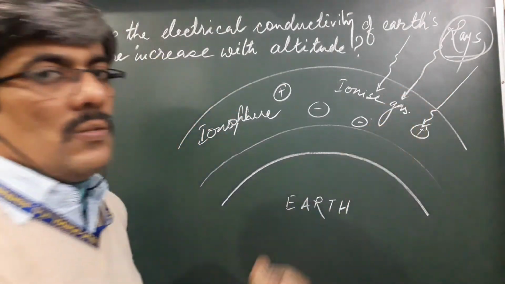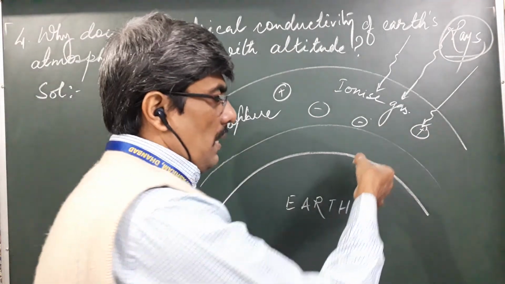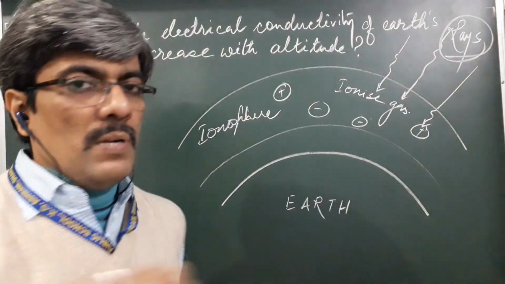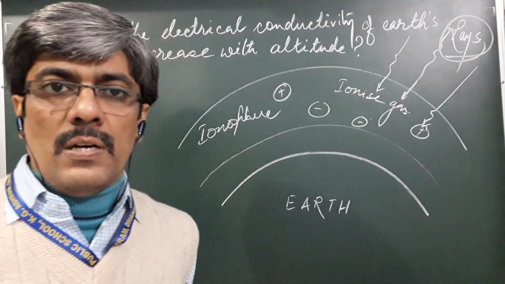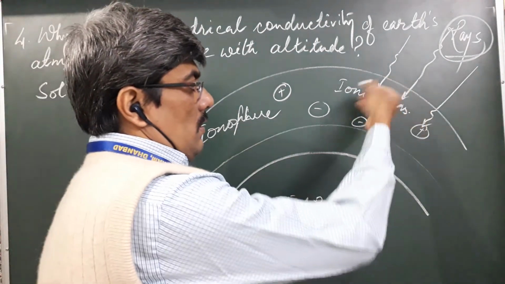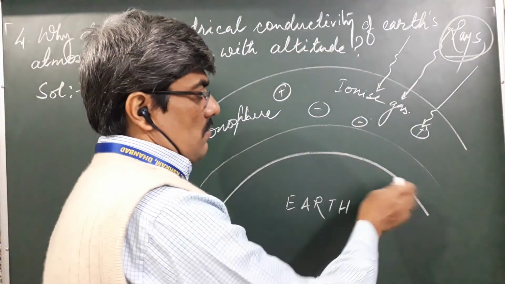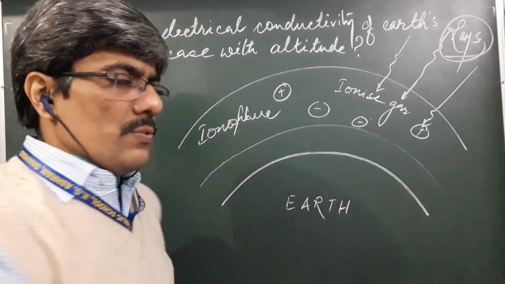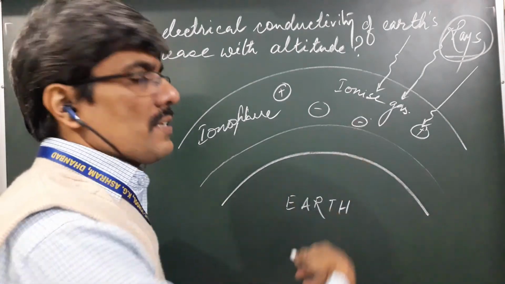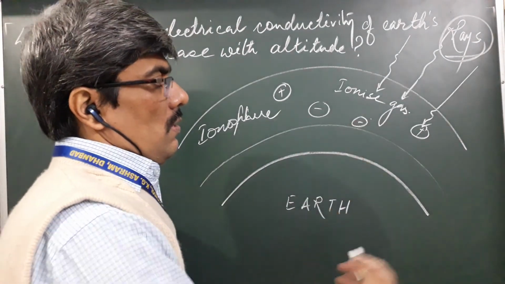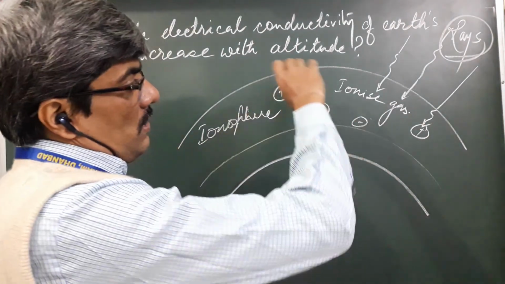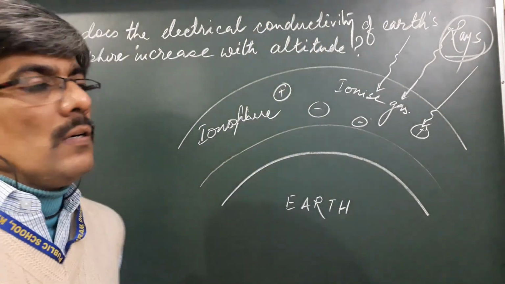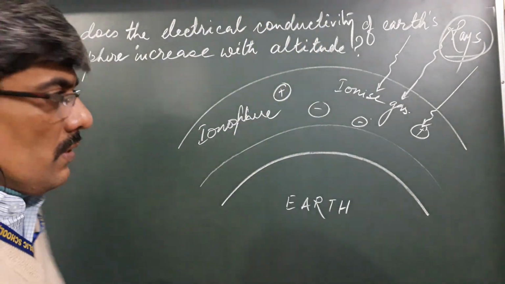With collisions, they lose their energy, and once they come to the lower part, they don't have much energy to ionize, to knock off electrons from the outermost orbit, and thus they are unable to ionize those gases which are present closer to the Earth's surface, and hence there are very few ions. So the conductivity is less in the lower parts, and more in the upper reaches of the atmosphere, that is the ionosphere. This is the answer.